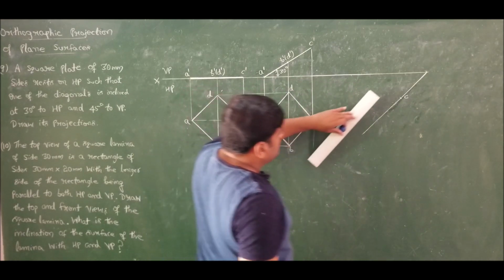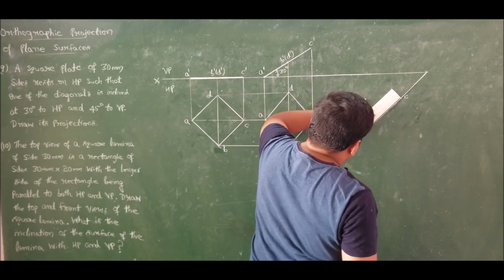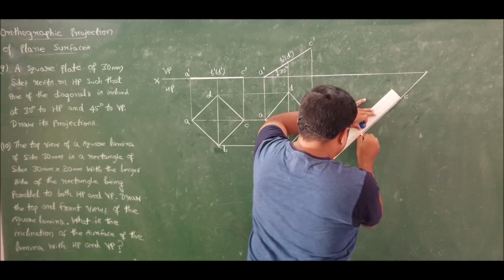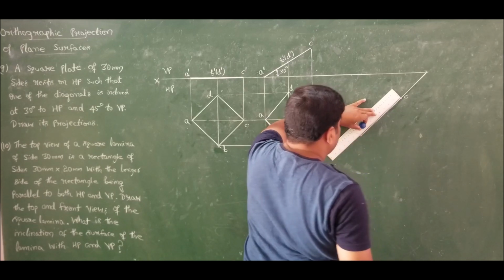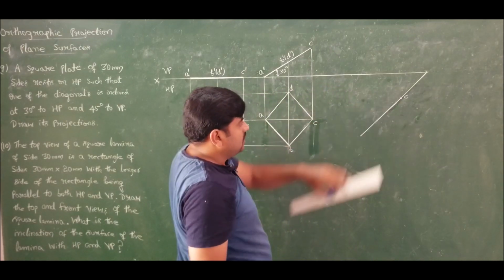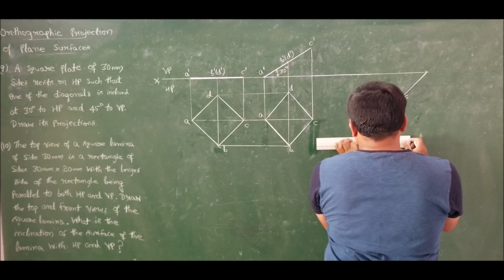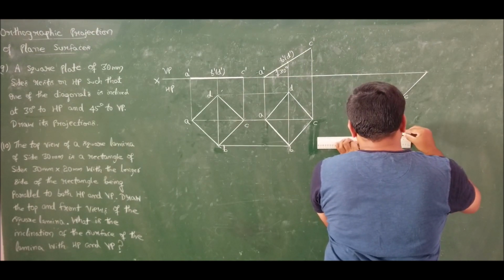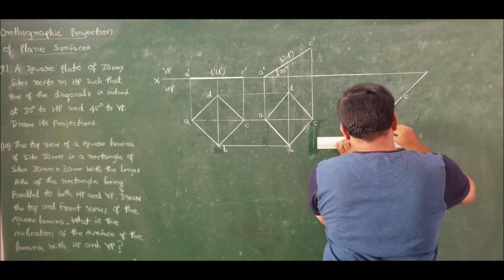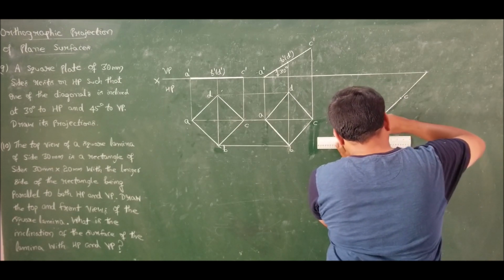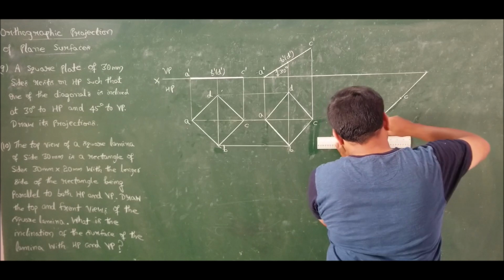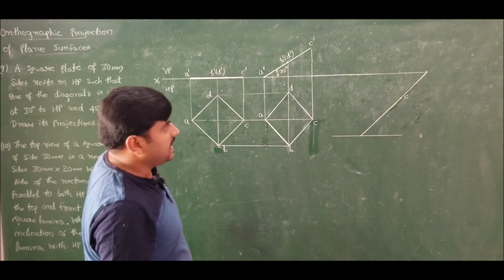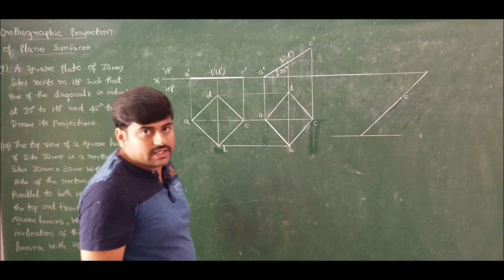Now the true diagonal is known. True diagonal length is known to me, which is 45 mm. So mark 45 mm at an angle of 45 degrees. At the end I will get a new locus of A. So fix the new locus of A. So C to A is the original diagonal inclined at the original angle of 45 degrees.